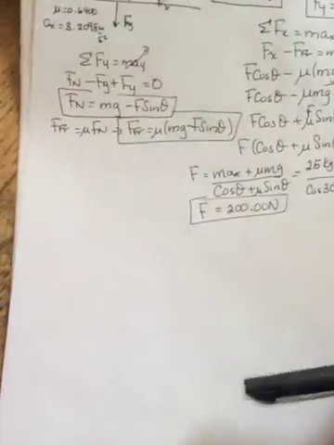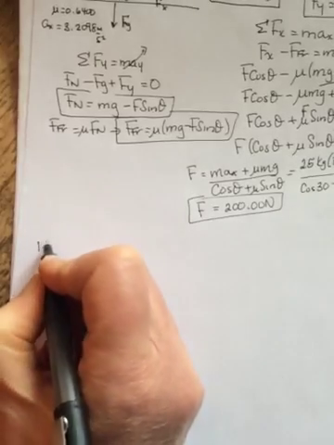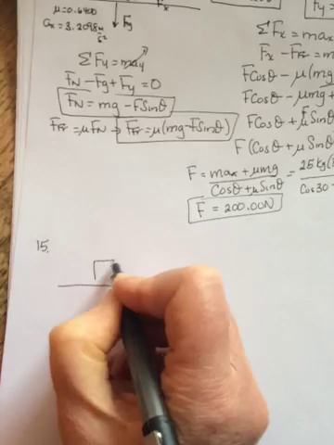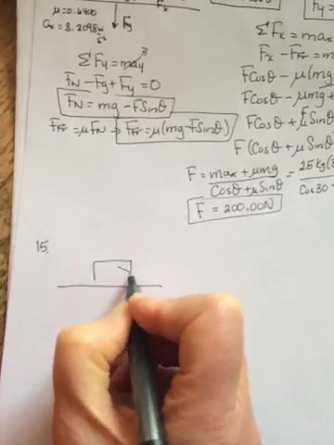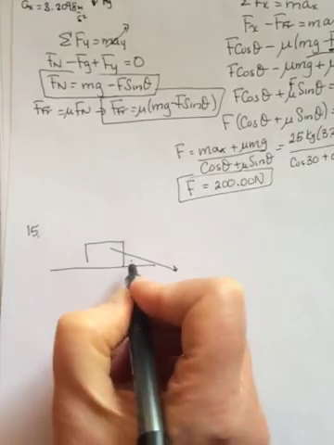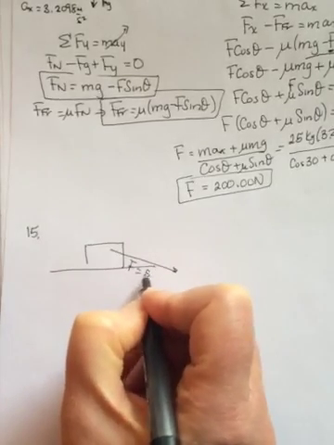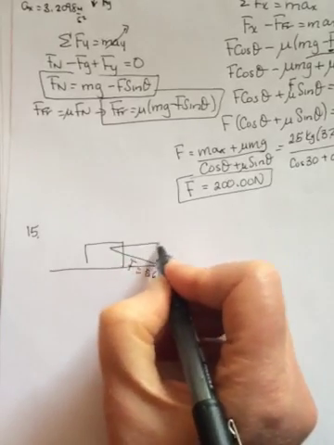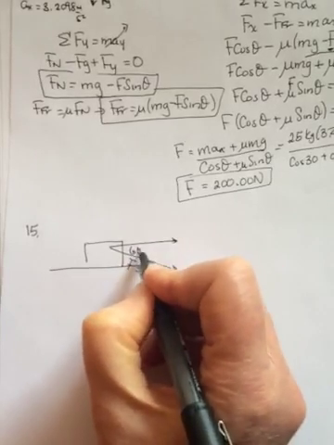All right, number 15 is another forces at an angle, only this time you're pushing downward. So it says you're pushing downward with a force of 560 newtons, and the angle is 60 degrees.